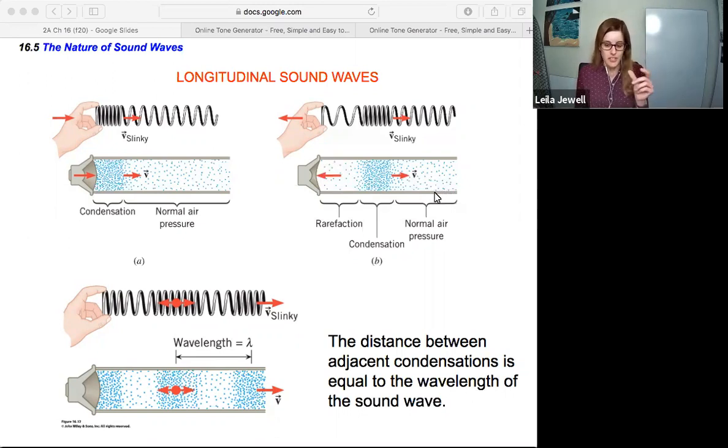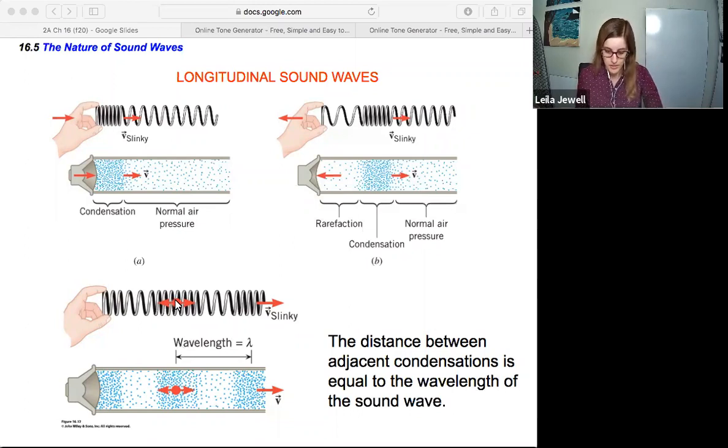So these slight changes in pressure are enough to transmit the sound from me to you. It's just very slight pressure differences. And if that's done regularly enough, then you can set up simple harmonic motion, a single sound that's happening.